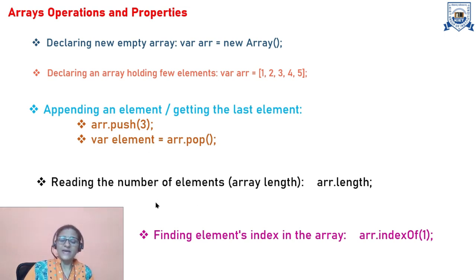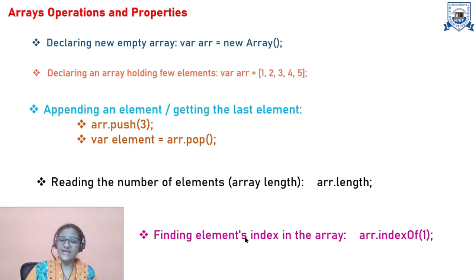To read the number of elements present in the array, it can be retrieved with the property length, arr.length, and you can directly print it or assign it to another variable.